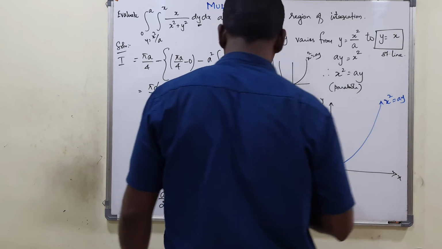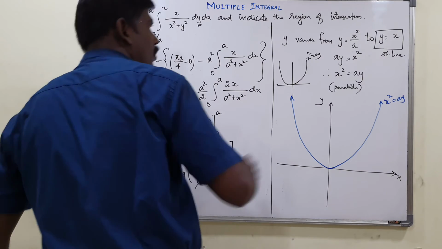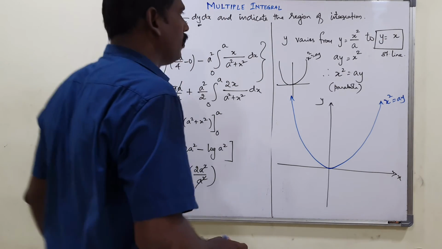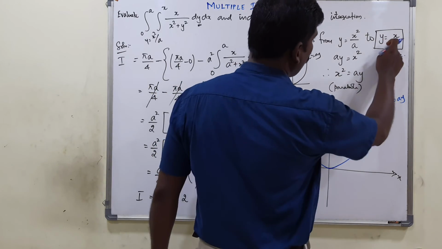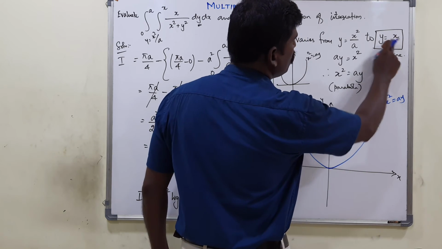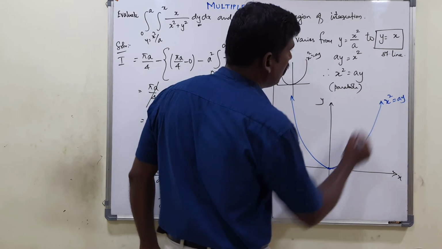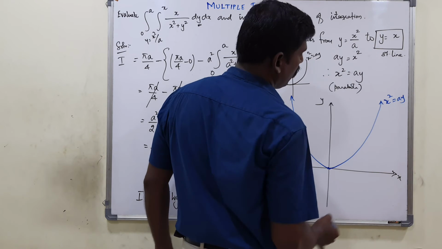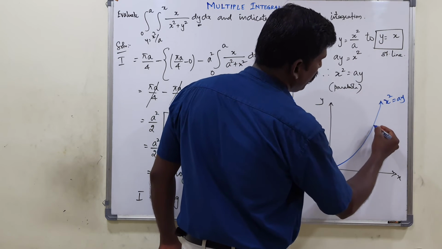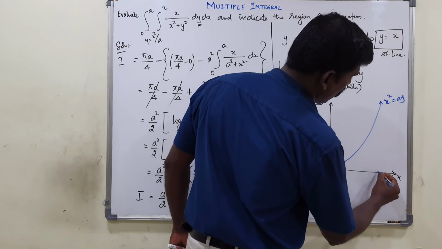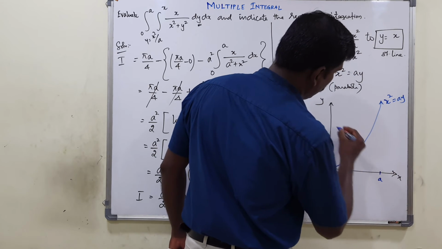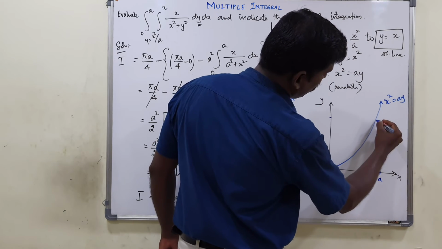Now, next one, y equal to x is here. How can we draw this straight line? By putting x equal to 0, y is 0. So it is the point here. By putting x equal to 1, y equal to 1. By putting x equal to a, y equal to a, isn't it? So suppose you take this as a and this will be a, you can get the point here.